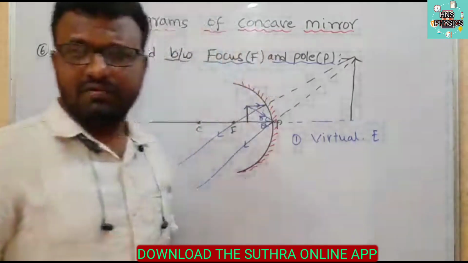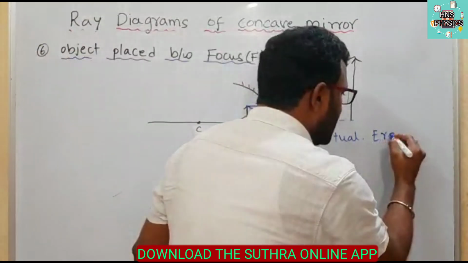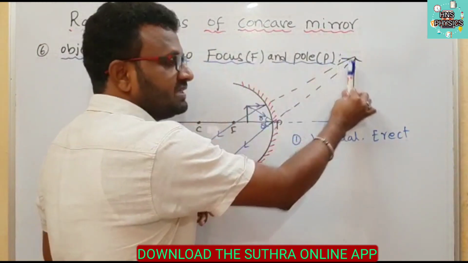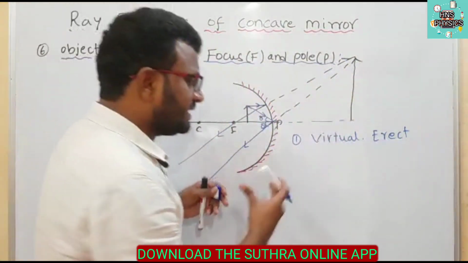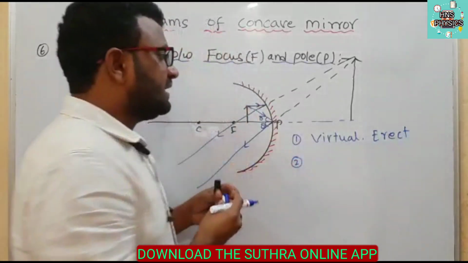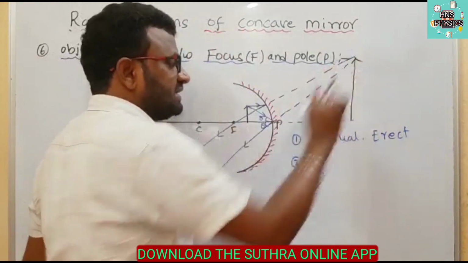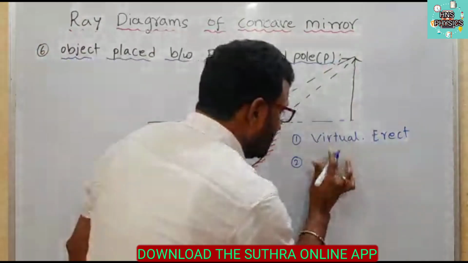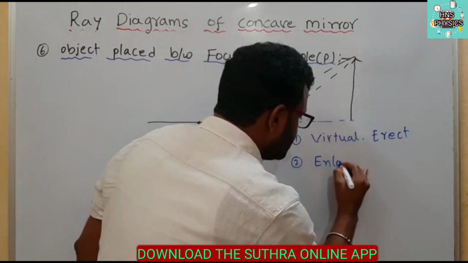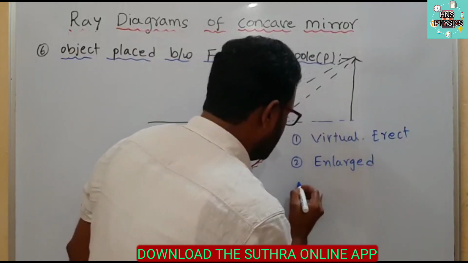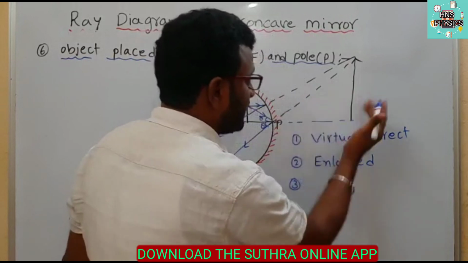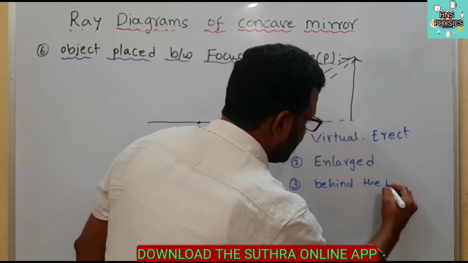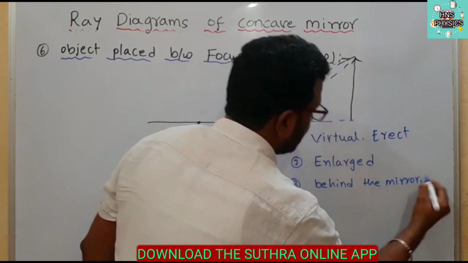That image is called a virtual image. And erect means upright. So this is the object and the image is also formed in this way. Next, what about size? Here this is the object size, this is the image size. Image size is larger than the object, so enlarged. Next, where is the image formed? The image is formed behind the mirror, or inside the mirror.